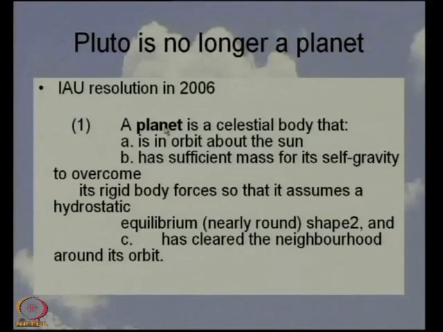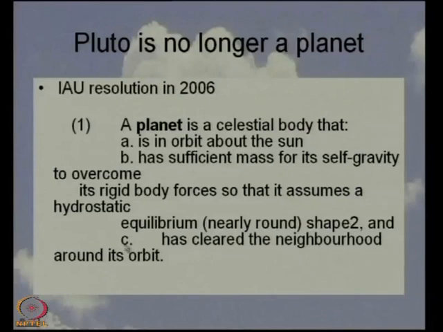It defined what is a planet. A planet is a celestial body that A, is in orbit about the sun, B, has sufficient mass for its self-gravity to overcome the rigid body forces, so that it assumes a hydrostatic equilibrium, nearly spherical shape.